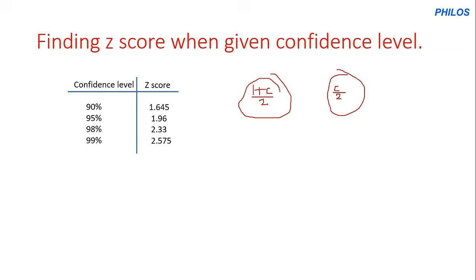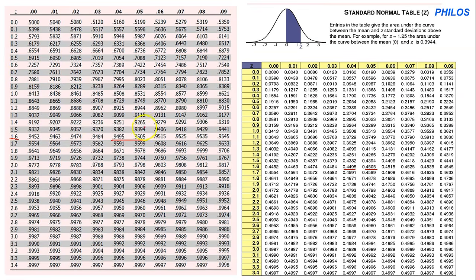You can leave it in 4 decimal places, and that will be 0.9750. So let's go and check the Z table for 0.9750. So we are looking for 9750 in the middle. Okay. So this one we get it straight. 0.9750 is there.